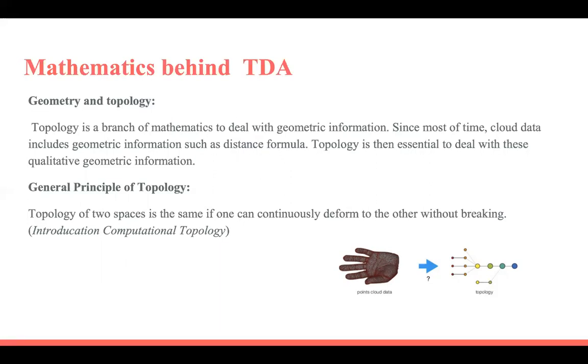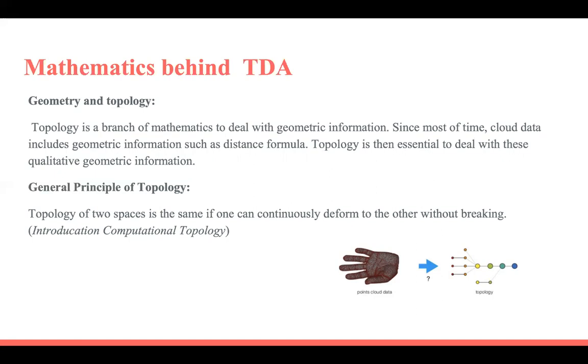But just a brief introduction: a homology group is an algebraic formula to quantify topological features in a space. And for those who never learned about topology, I've also introduced a general principle of topology. That is, the topology of two spaces is the same if one can continuously deform into the other without breaking. This principle allows us to figure out geometric factors.